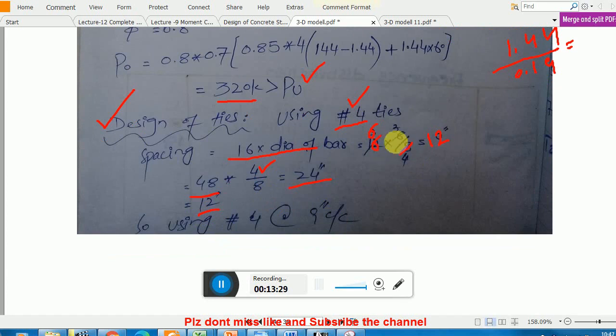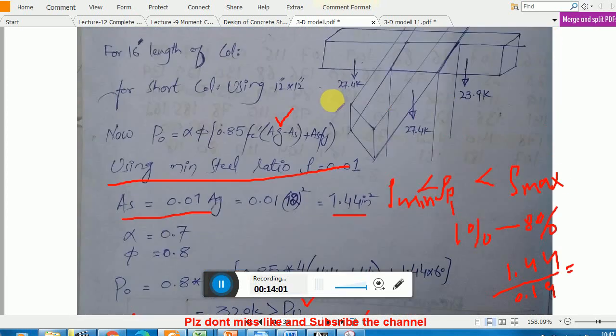So here we are using 9 inch, but check this calculation: 16 times 6 divided by 8, I got 12. So 12 can be used, but remember, use 9 inch center to center, that will be more conservative. Clear? This will be a more conservative approach.